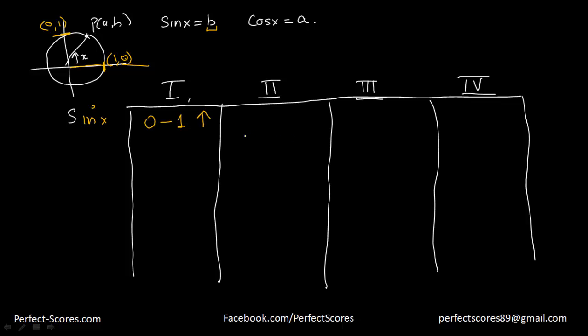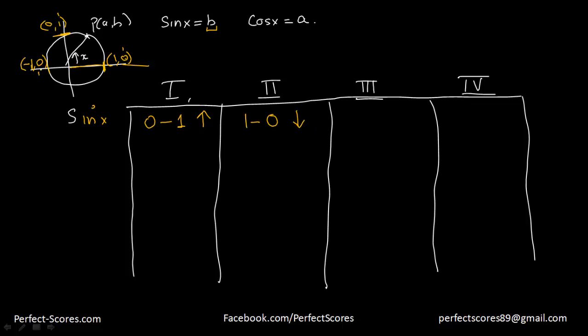And over here from 1 it's going to come down to 0, because b is the y coordinate. As you can clearly see, the y coordinates are these on the right hand side. So from 1 till 0, b is going to decrease and so is the sine function.